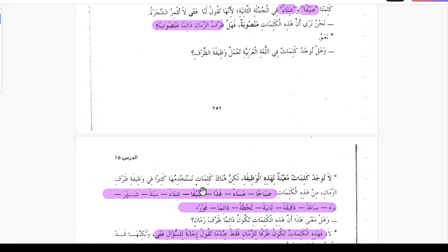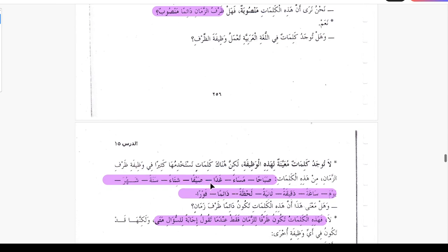"Lakinna hunaka kalimatin", but here are words that we use a lot in the function of zarfu zaman, that we use a lot as the adverb of time.